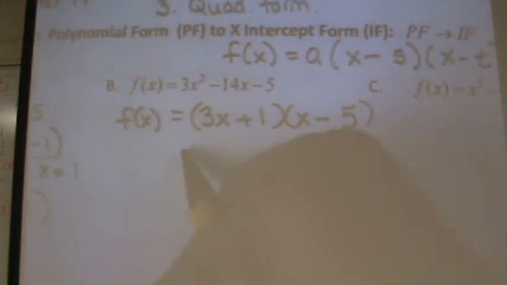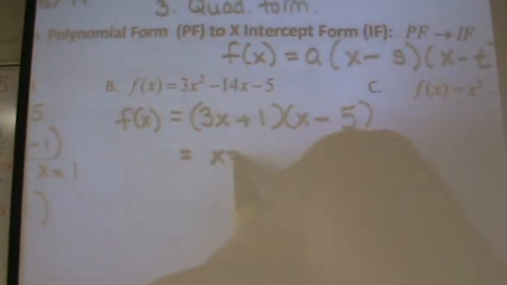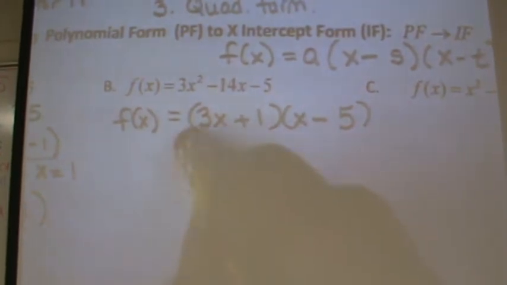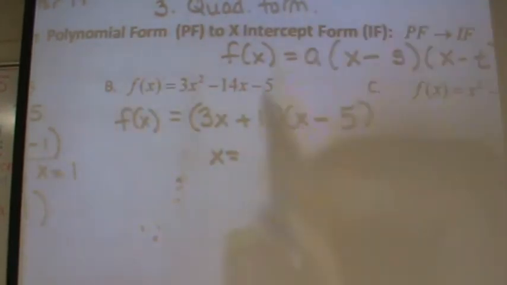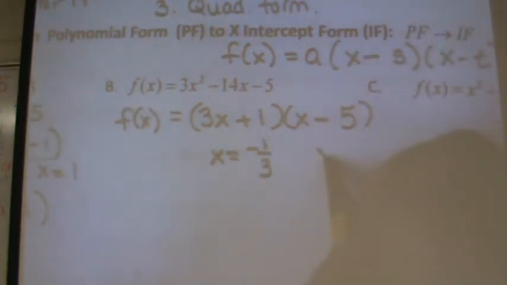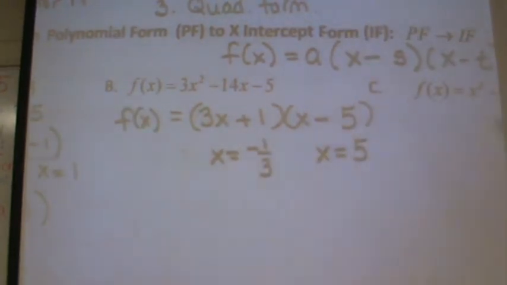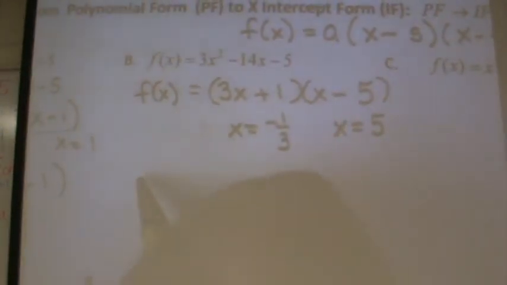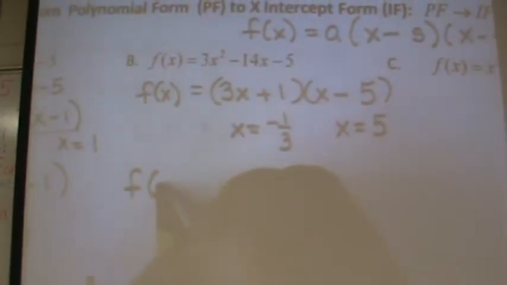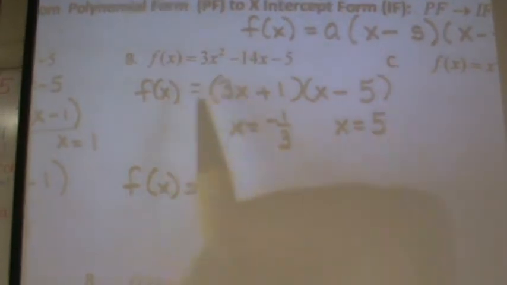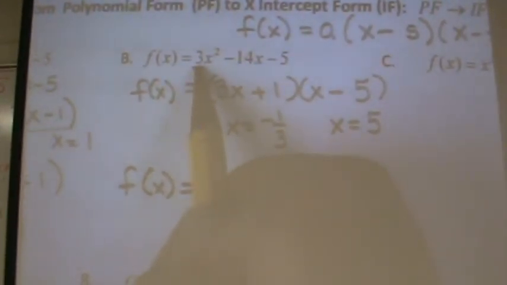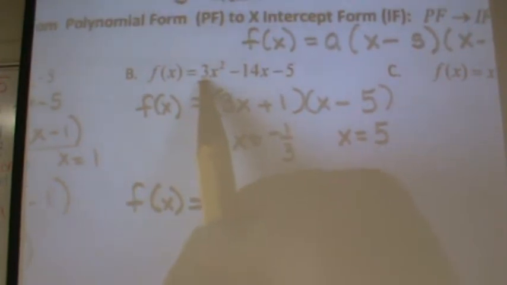I need your 2 x-intercepts. What are they? X is equal to, what are your 2 x-intercepts? -1/3. -1/3, and what else? And 5, right? Okay, so this is what x-intercept form is gonna look like to you guys. It's gonna be f of x. What's the a value? 3.